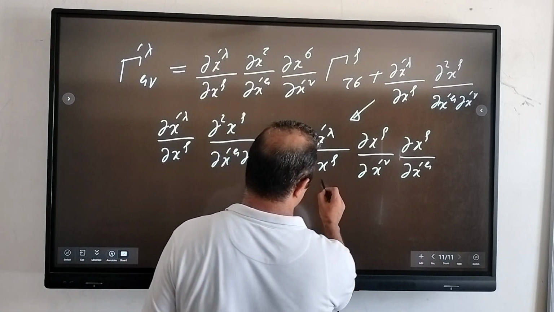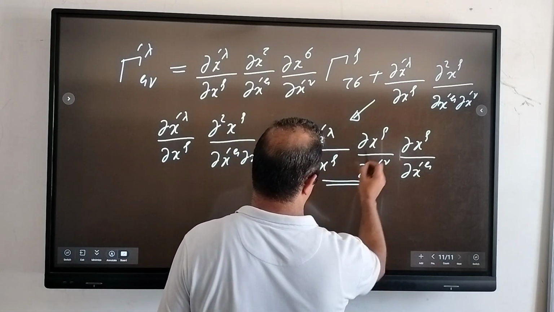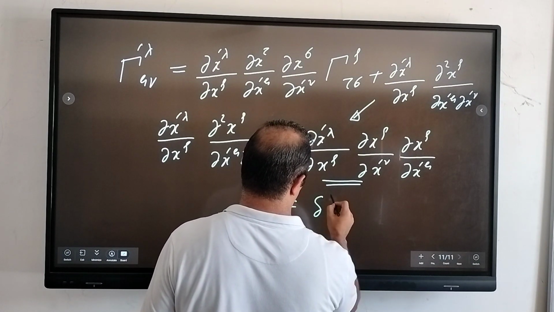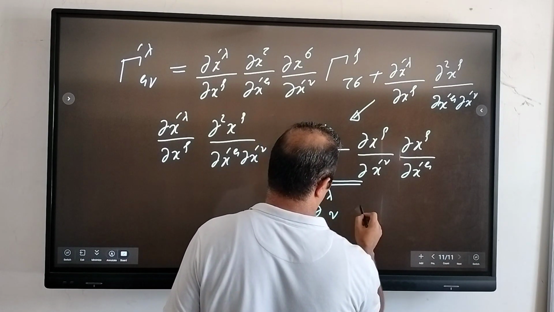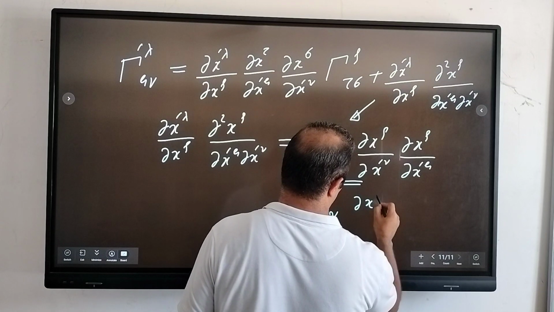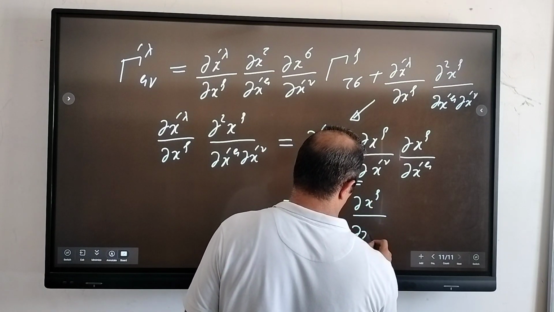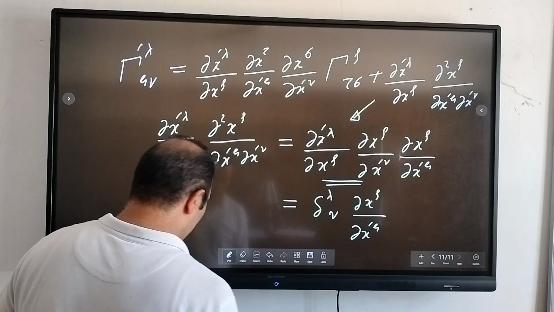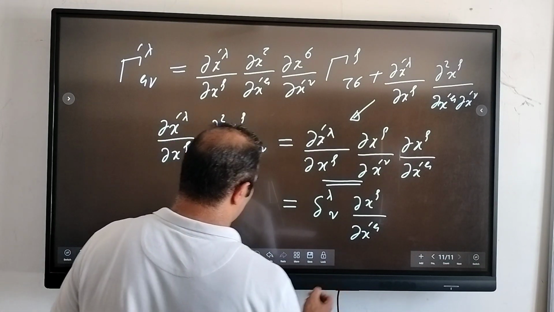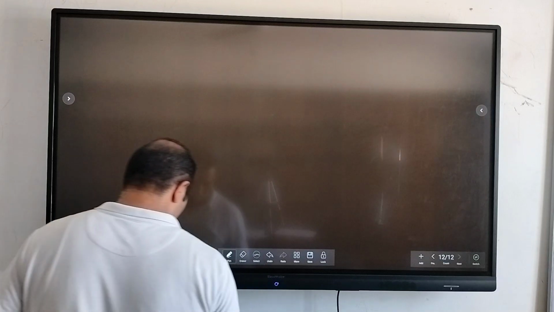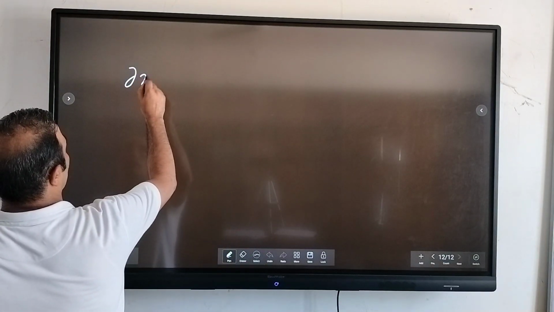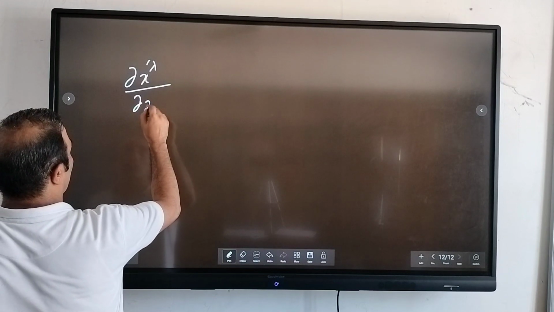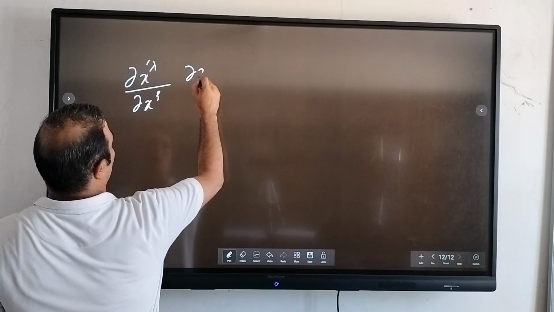Now, if I have to call this term, because we have rho, this will be equal to delta of lambda nu, partial x rho, partial x prime. So that means we have this partial x prime lambda, partial x rho.